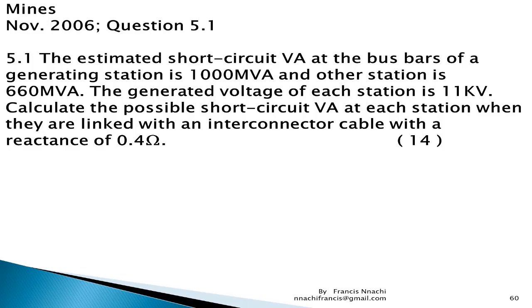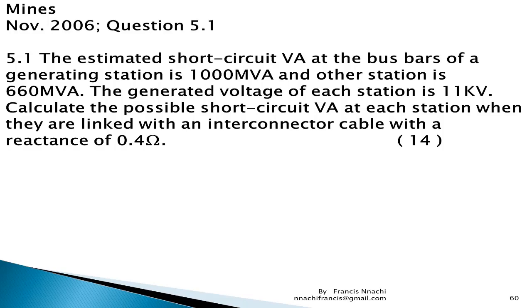Then the generated voltage is 11 kV for each. And then calculate the possible short circuit VA at each station when they are interlinked with an interconnector cable with a reactance of 0.4 ohms.